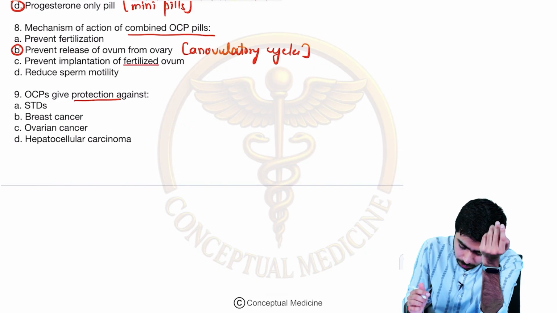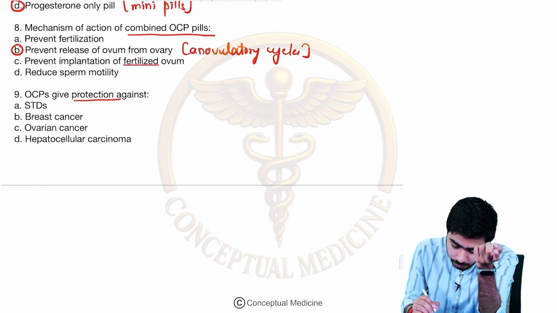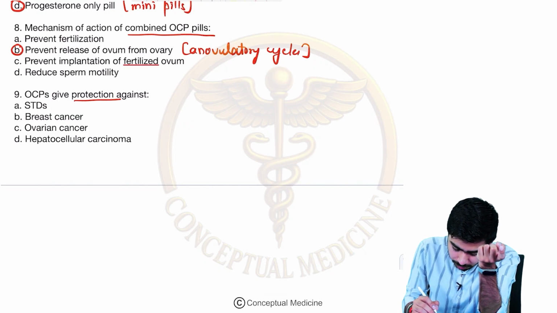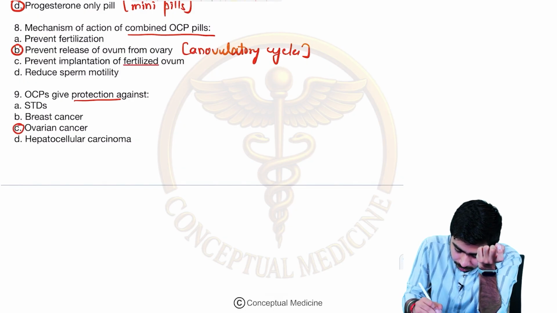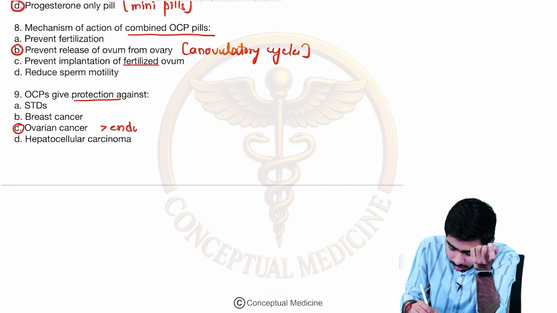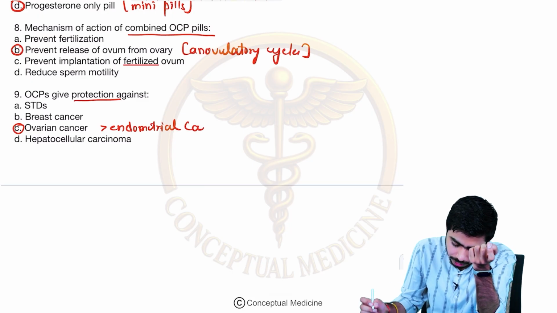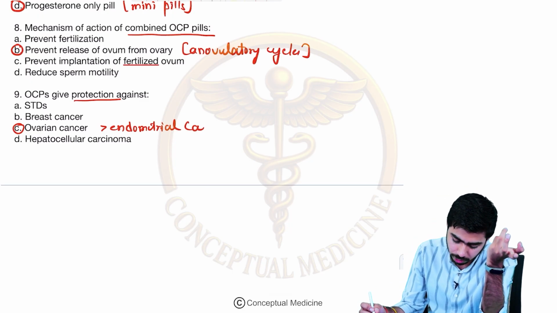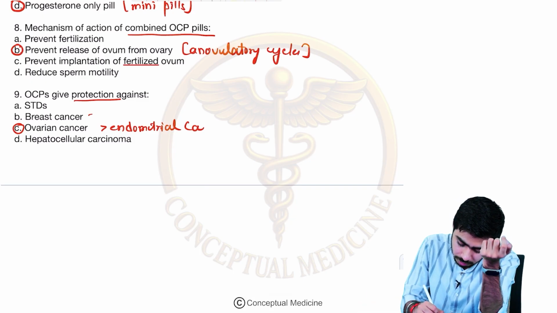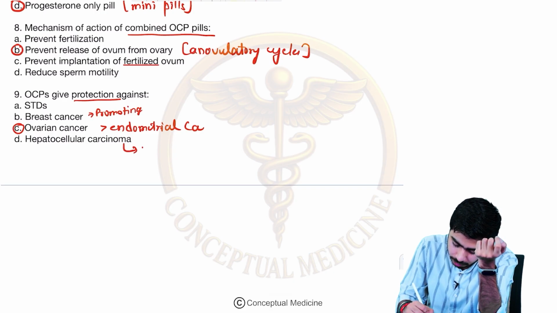So breast cancer is actually promoting, not protection. Ovarian cancer was protected. I told you endometrial carcinoma can be the answer as well if ovarian is not given in the options, but over here they have given ovarian cancer, so that will be the answer. Breast cancer and hepatocellular carcinoma are promoting, not preventing, right?